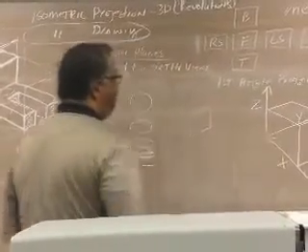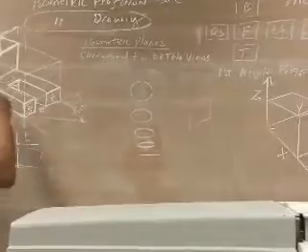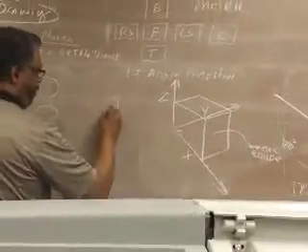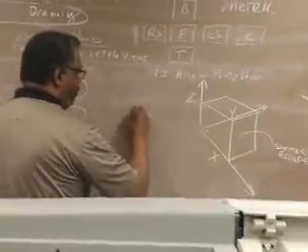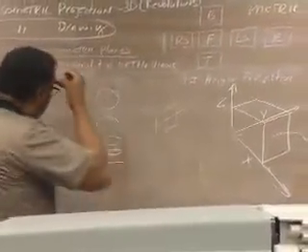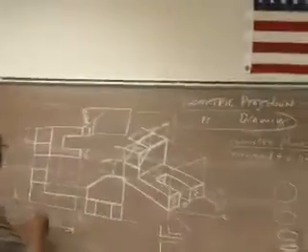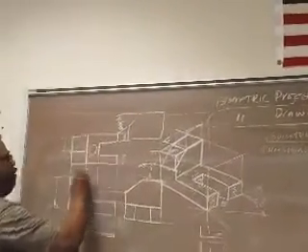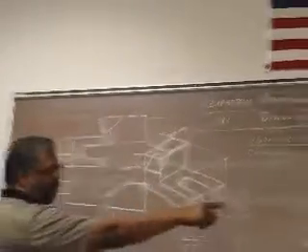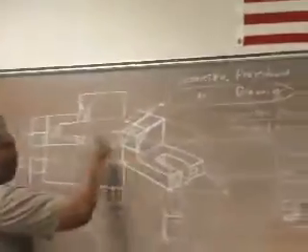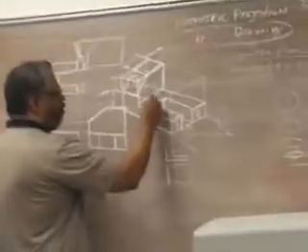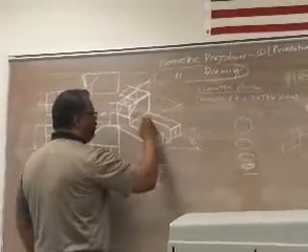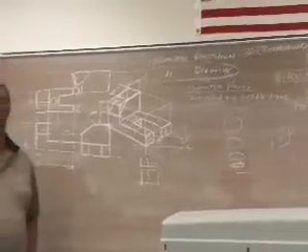Okay, so to get an isometric ellipse on a plane, let's say on the right side, we locate the center of our ellipse or our circle. Whatever the diameter of our circle is here, if we were taking this and putting it there, then you would have a grid here, and that grid would correspond to the diameter of the ellipse.